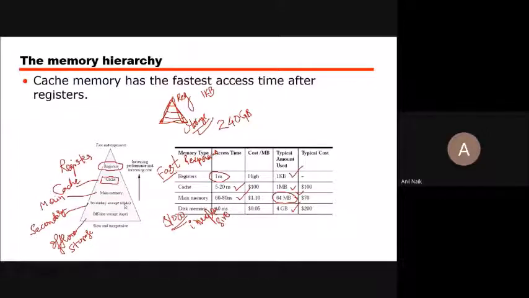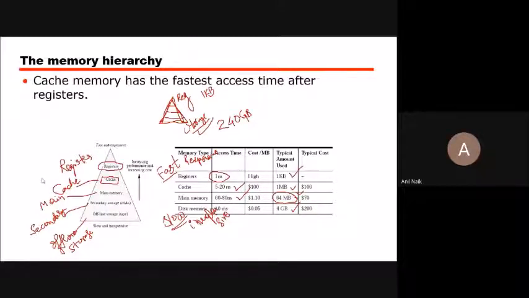Here also you can store a huge amount of data, but it will be expensive. Online storage means you can store the data, but you have to pay charges to get some storage space.